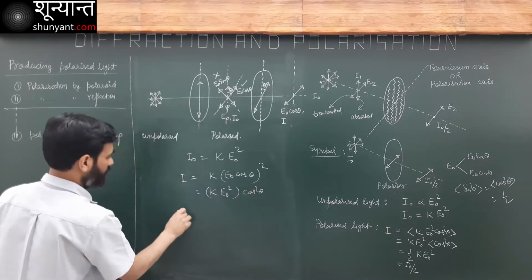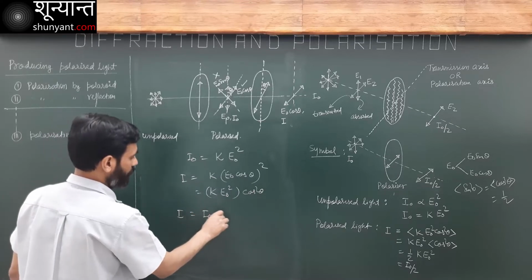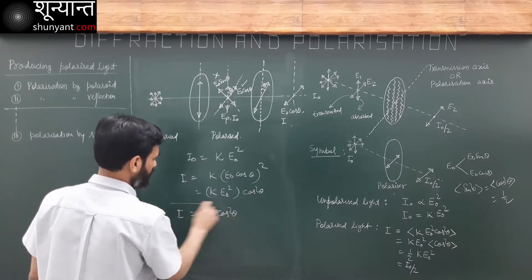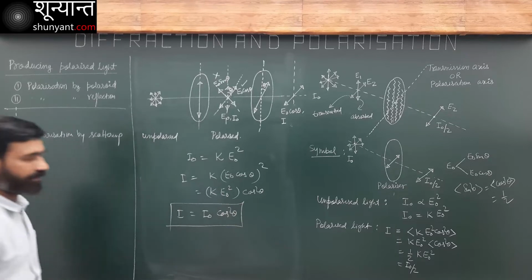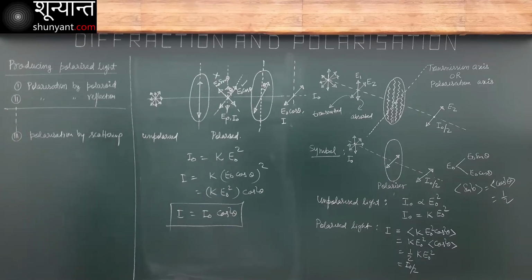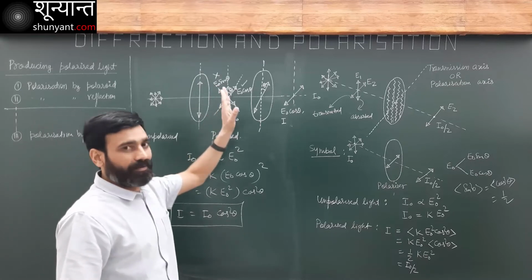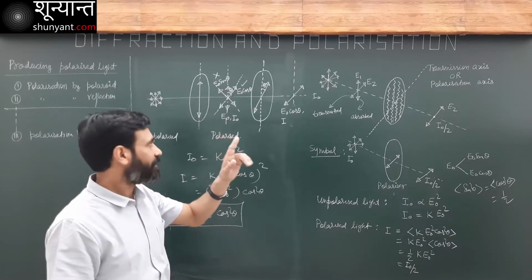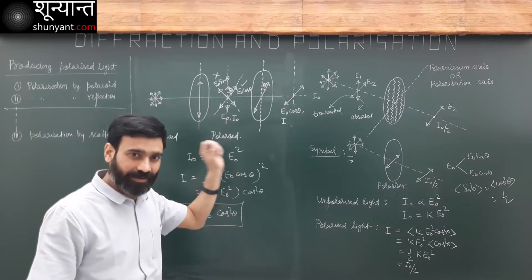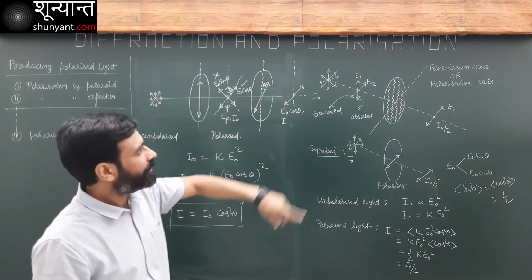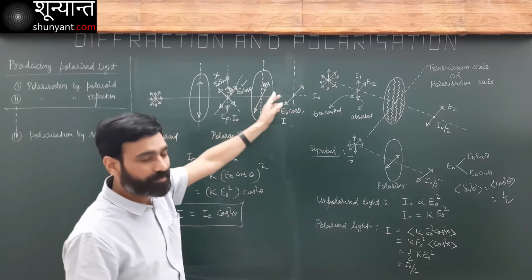So I is equal to I naught cos square theta. What is theta? Theta is the angle between the plane of polarization of the incident light and the polarization axis of the polarizer.